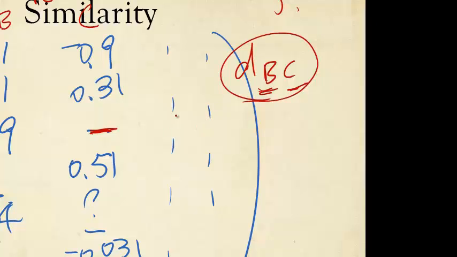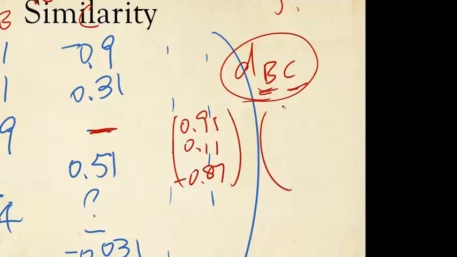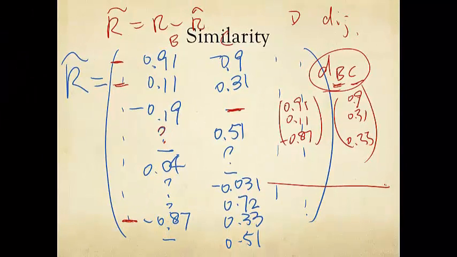So we are looking at basically 2 vectors: 0.91, 0.11, minus 0.87, and 0.9, 0.31, and 0.33. And we'll look at the difference between these 2 vectors by looking at their inner product. So 0.91 times minus 0.9, oh, I'm sorry, this is minus. I should say minus. This is also minus.